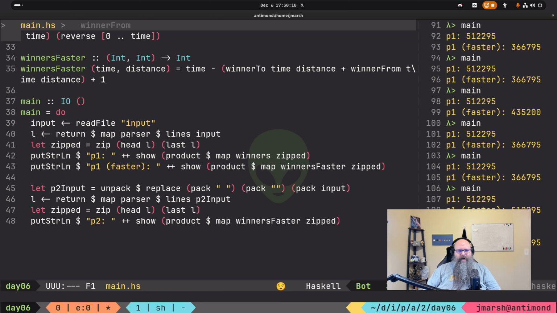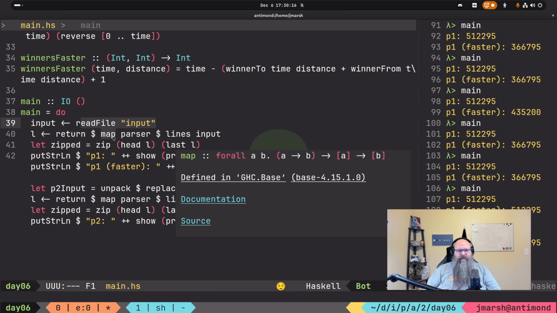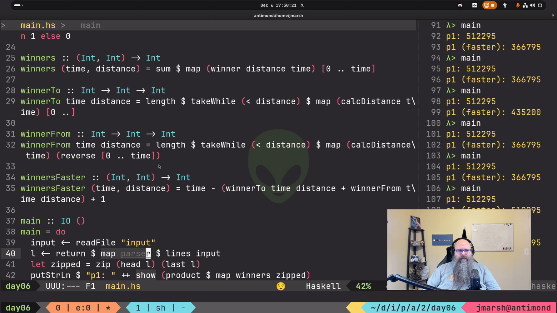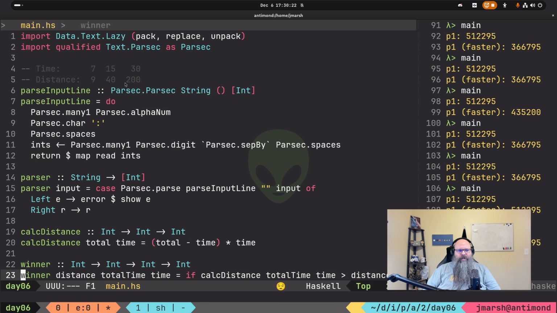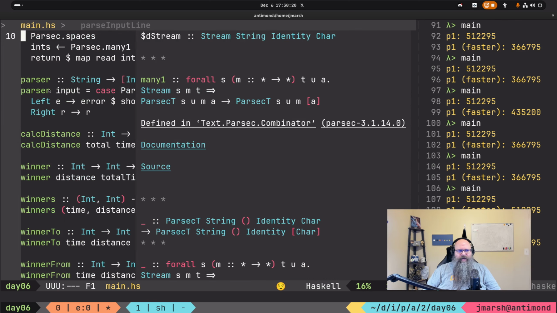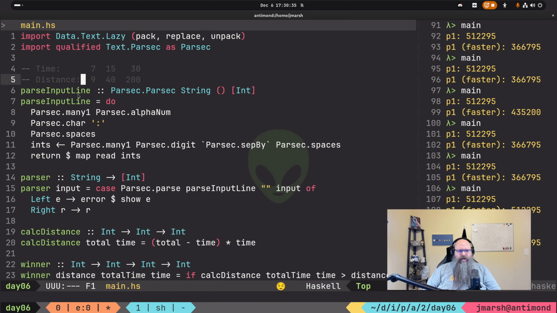So if we start in my main block, I just read the input file, and then I used Parsec again to parse the lines with my parser. That wasn't too tough. Basically, both the lines are the same. If you look at my parse input line, I realize they're both the same. Basically, I just have many1 for whether it's time or distance, then the colon, and then some number of spaces to get me to here.